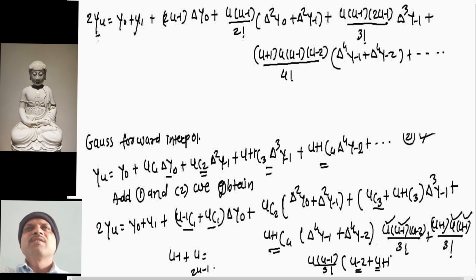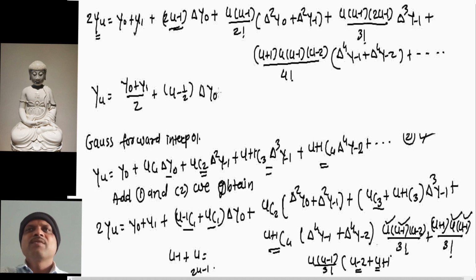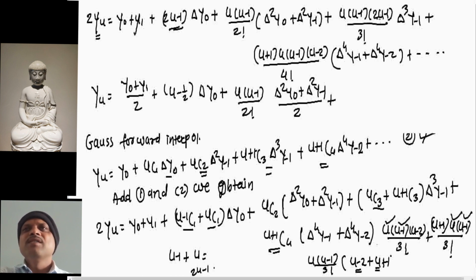Now dividing by 2 throughout. So yu equal to (y0 plus y1) divided by 2, plus, dividing these terms by 2, we have (u minus 1 by 2) into delta y0, plus u into (u minus 1) divided by 2 factorial into (delta square y0 plus delta square y at minus 1) divided by 2, plus here this 2 we divide into this factor.